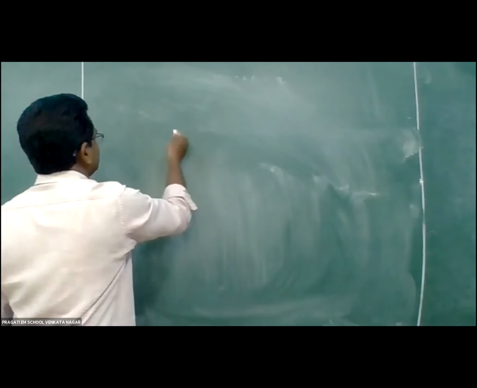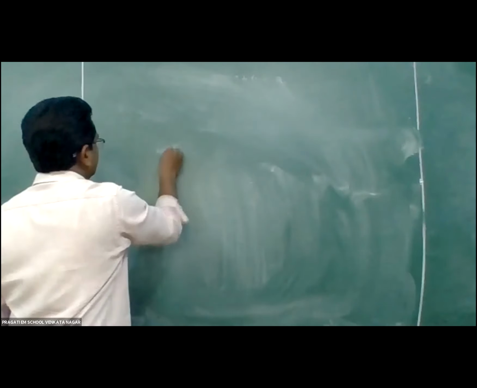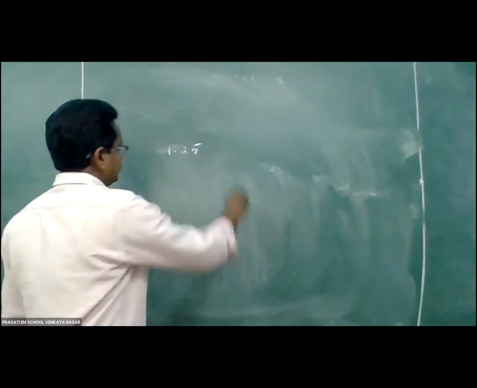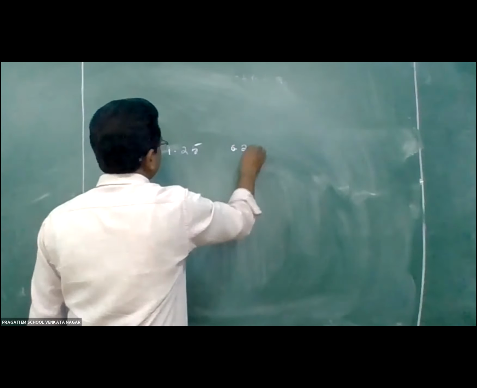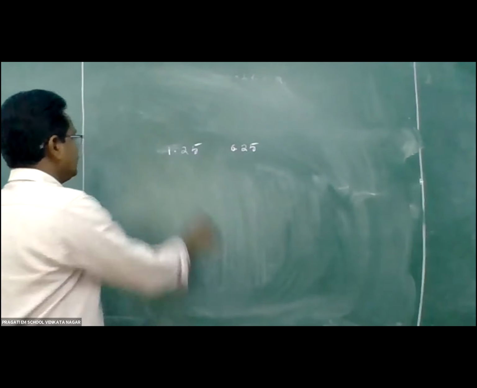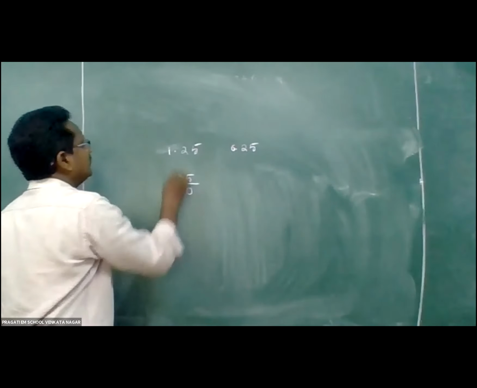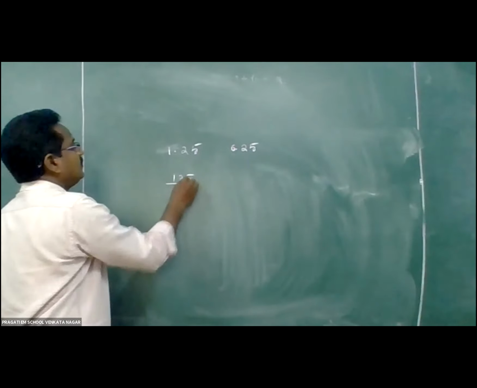Suppose we take 1.25 and 6.25, these two decimal numbers. 1.25 can be written as 125 by 100. We already know, the point is after two digits, so it can be written as 125 by 100.